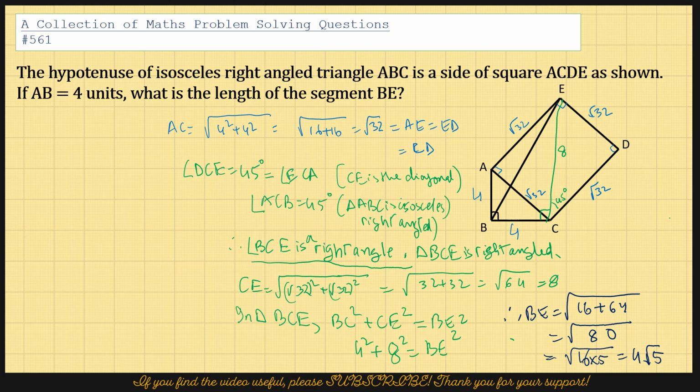So the length of the segment BE would be 4 root 5.